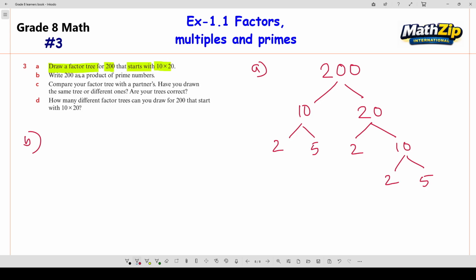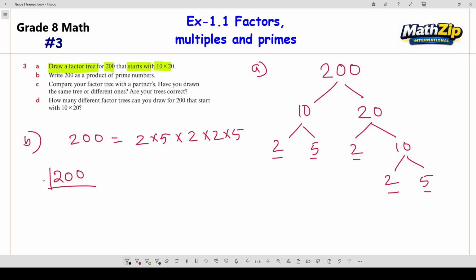Number B, write 200 as a product of prime factors. So for prime factorization we can take all endpoints, right? So it will be 2 times 5 times 2 times 2 times 5. Or if anybody wants, they can also write it this way.